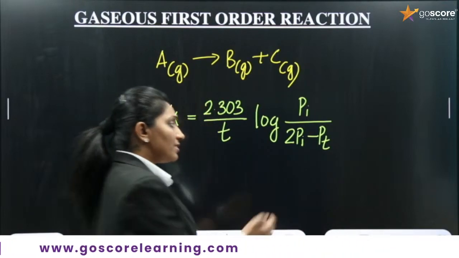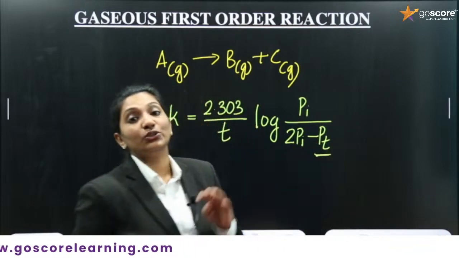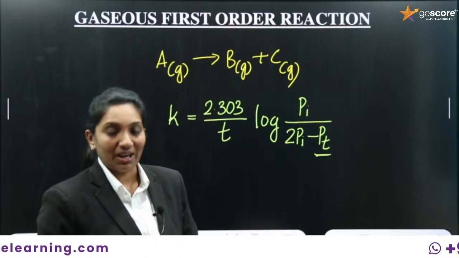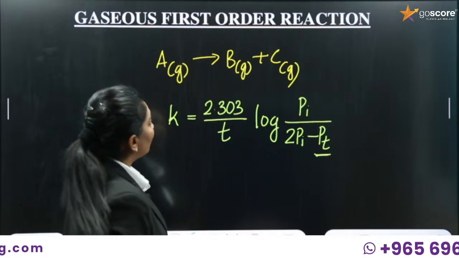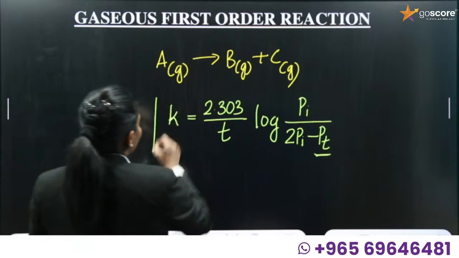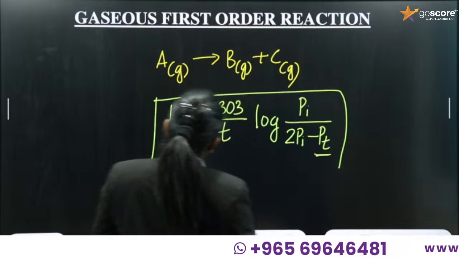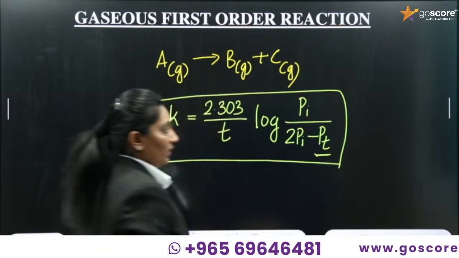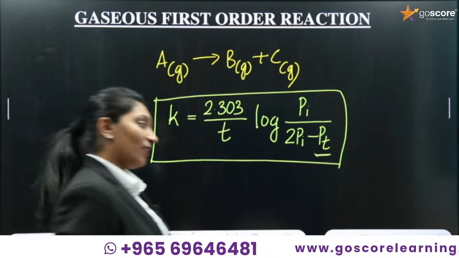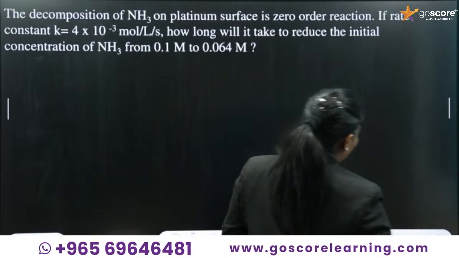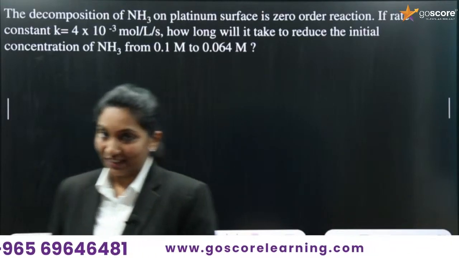Then what is this Pt? It is the total pressure exerted by the gases. So for gaseous reactions, you can write the rate of the reaction by using this equation. Now let's see some problems related to the topics that we covered till now.